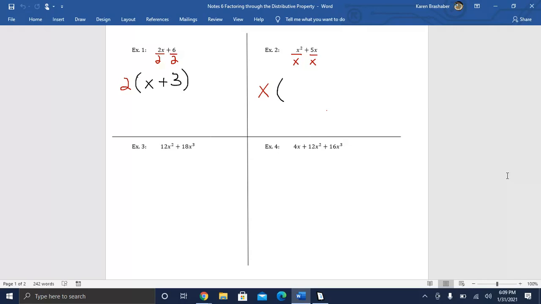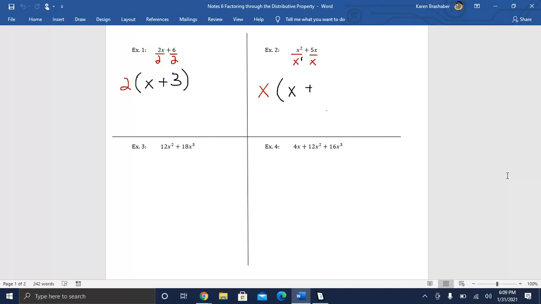Now, when I divide variables, I keep the variable base and I subtract those exponents. So 2 subtract an exponent of 1 would give me a 1 as an exponent. And I usually don't write it if it's just x to the first. I'll just write an x plus.